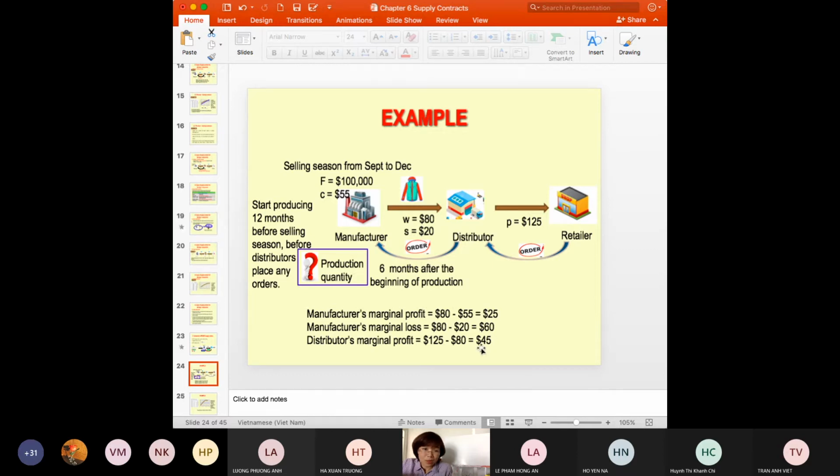The distributor's profit is 45, and 20 is the service rate. So you see that the profits and losses of the manufacturer: the profit is lower and the loss is greater.